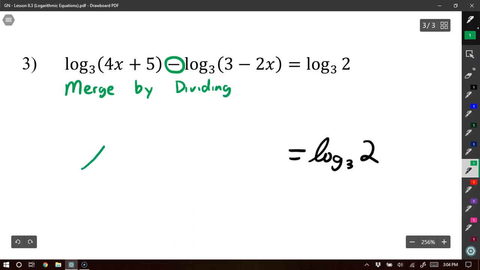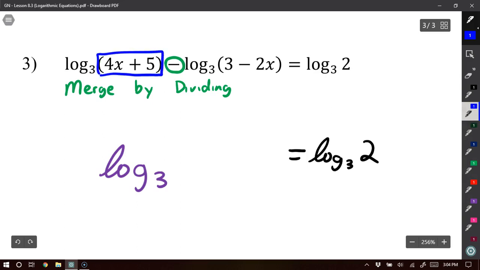So I am going to make it look nice on the left side. I am going to merge it into a single logarithm, just like the right side. But I'm going to do it by taking my 4x plus 5, by taking my 3 minus 2x, and I am going to divide them. I'm just going to write it like a fraction.